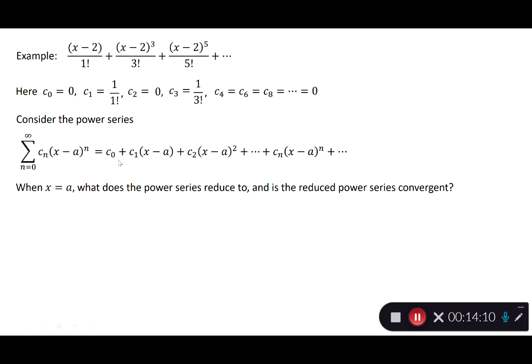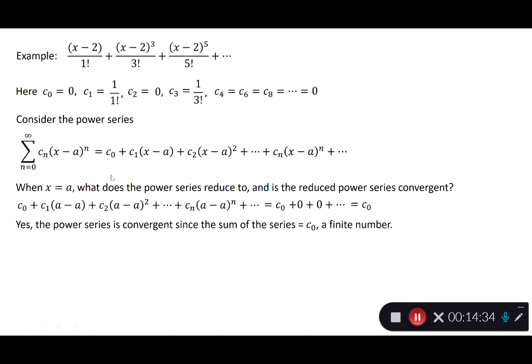C sub 0. All the other terms are 0. So when you add up all the other 0 terms plus the C sub 0, you get C sub 0. So the sum of this power series when x equals a is clearly C sub 0, which is a finite number. So we have to say the series does converge for x equal to a. Right?